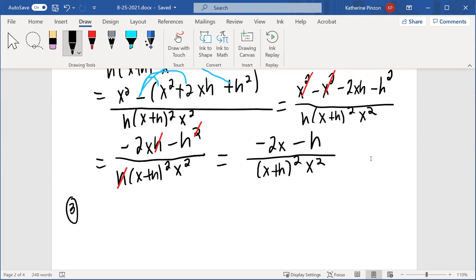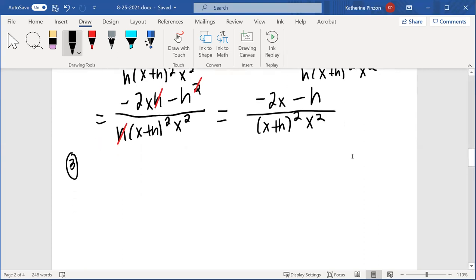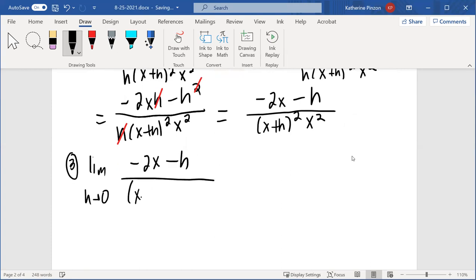All right, what's the last step? Find the limit as h approaches 0. Find the limit as h approaches 0, which means to do what? Plug in 0 into this equation for all of the h's. So I'm going to plug in 0 for all of the h's. So those two h's are going to go to 0.